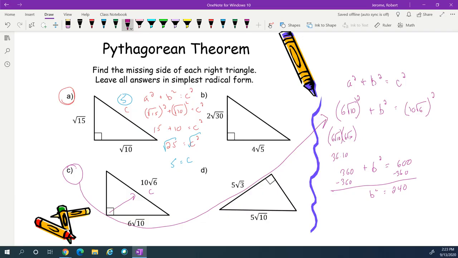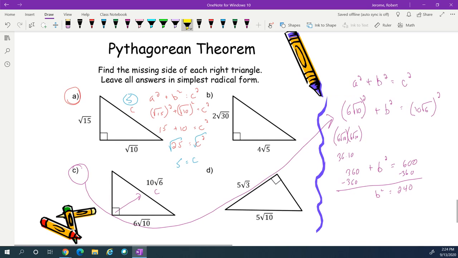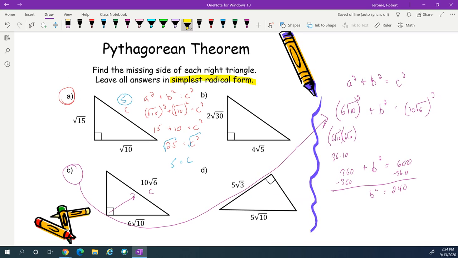Now, we can put that in the calculator, but it's not a perfect square. Since our directions say stay in radical form, and we are given radicals in the problem, we cannot punch that into a calculator and work it and get a decimal. We have to simplify this radical.